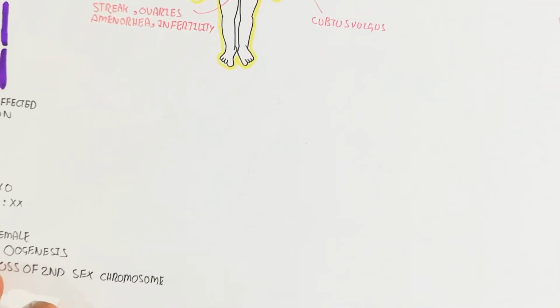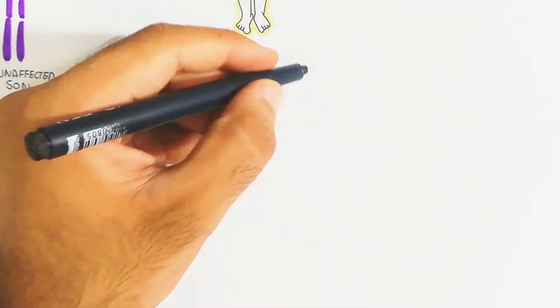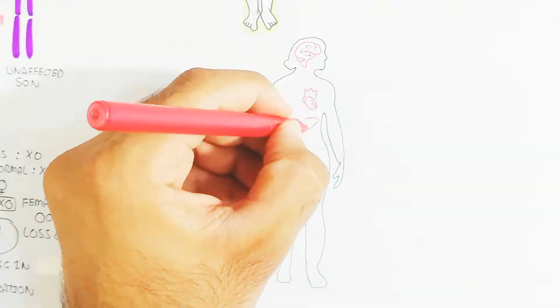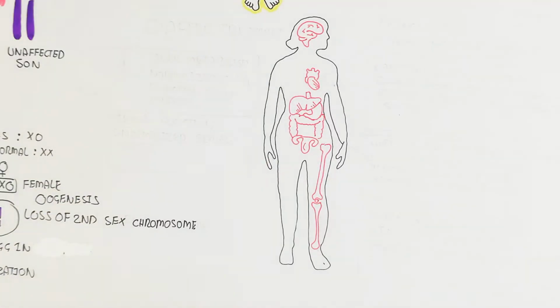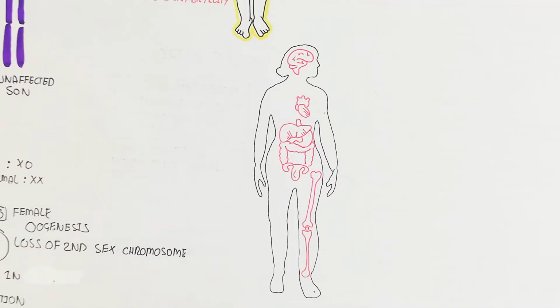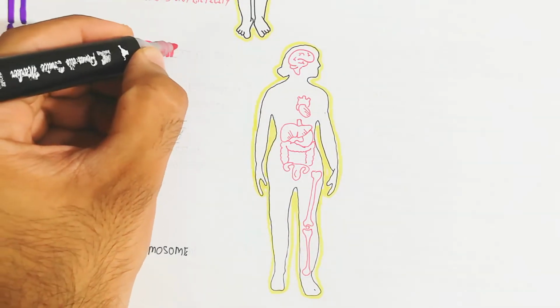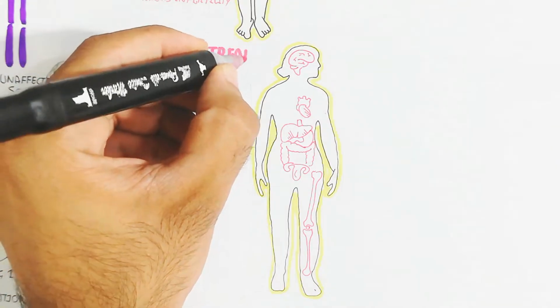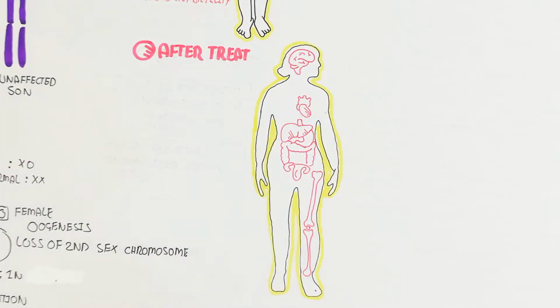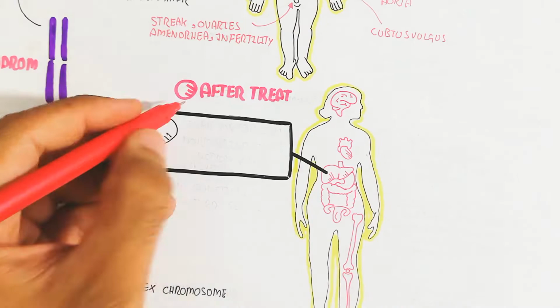So what will be the outcomes after the treatment? After the treatment, there are a lot of changes. After this treatment, the patient can look like a normal person, if Turner syndrome is treated at an early age.